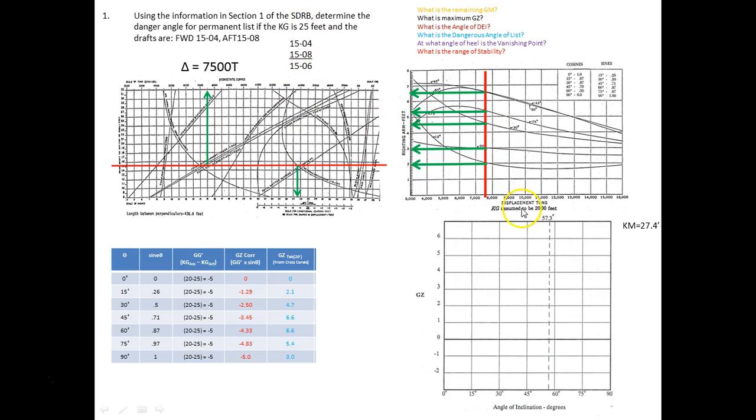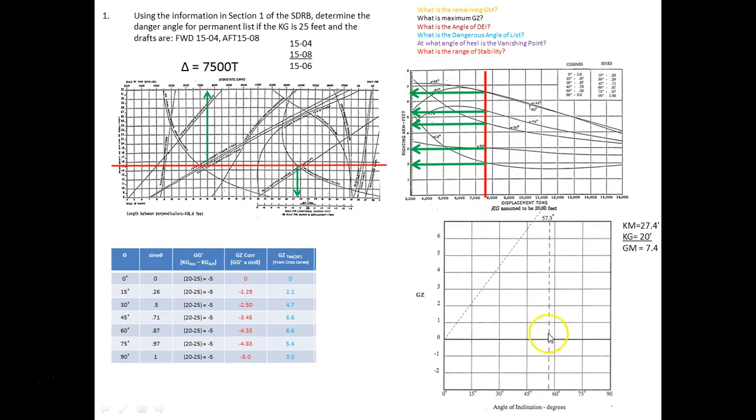So what are we plotting right now? We're going to start this plot by plotting a curve for a KG of 20, which is the values we got right here. In that case, if KG was 20, then GM would be 7.4. So I'm going to slide up this.